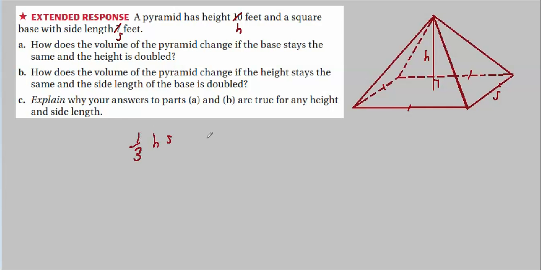Okay. Now, what happens? This is, let's say, that volume for the pyramid. Now, let's see here, the base stays the same, but the height is double. Well, okay. Then our second pyramid, we'll call that the pyramid prime.